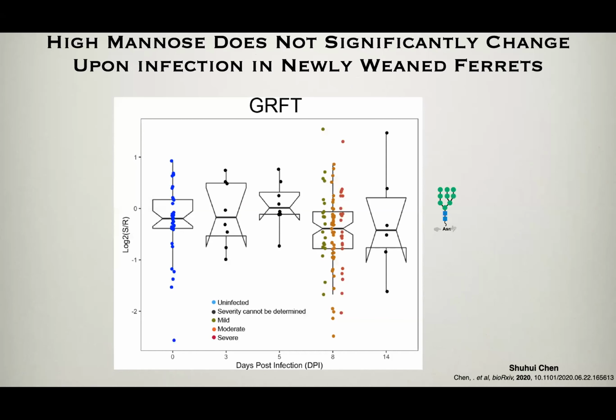Now, interestingly, in these ferrets, and this is actually a time course, there's almost no difference between mild, moderate, and severe, and if anything, it's slightly decreased from what you see in the uninfected. So there's no significant change upon infection in newly weaned ferrets, which very much goes with what we're observing in terms of the severity in this population.